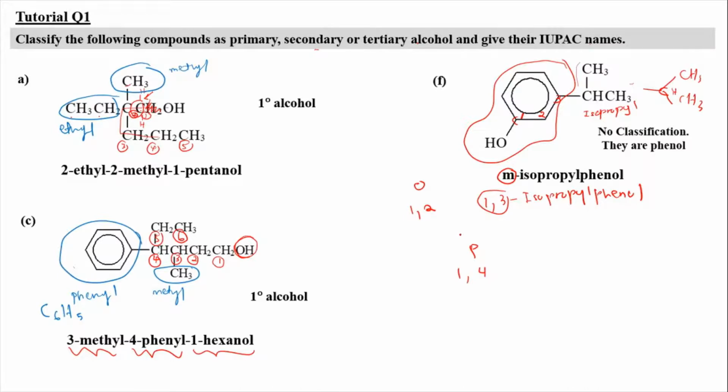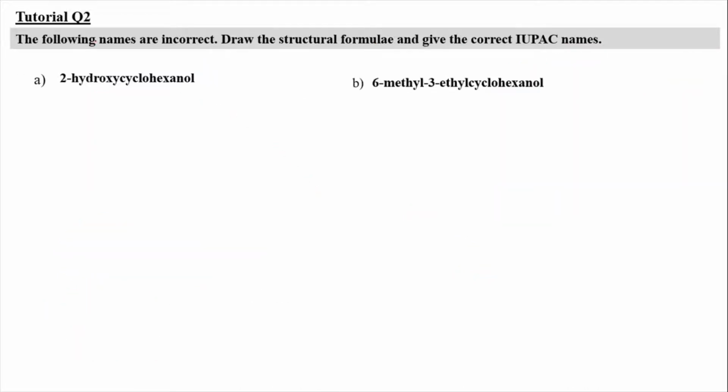Okay, so for tutorial question 2, the following names are incorrect. So we have to draw the structural formulae and give the correct IUPAC names. First we have 2-hydroxycyclohexanol. There is something wrong with the name, so in order to understand more, we have to draw the structure again.